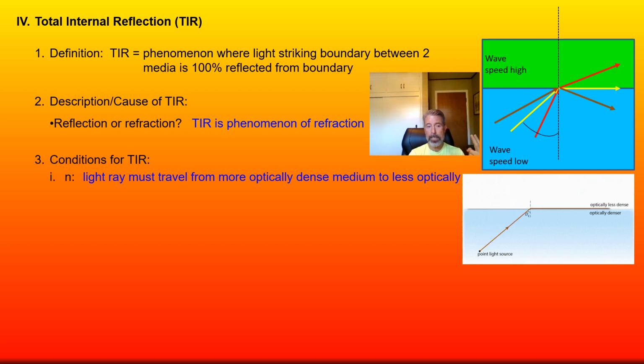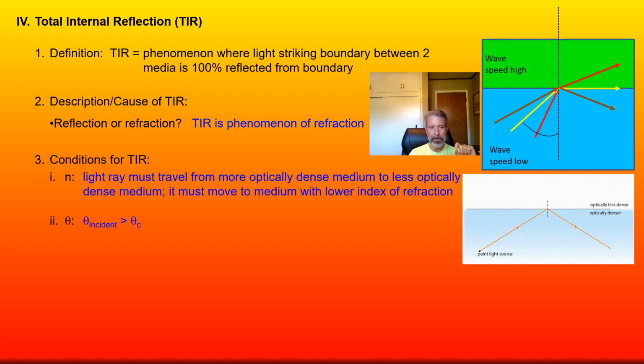First of all, the light ray must travel from a more optically dense medium to a less optically dense medium. It must travel into a medium with a lower index of refraction so that it speeds up, because as we see, that refracted ray has to bend away from the normal. Total internal reflection could not happen if the reverse were true, if that ray bent towards the normal.